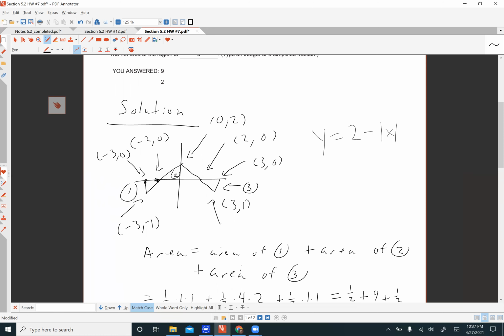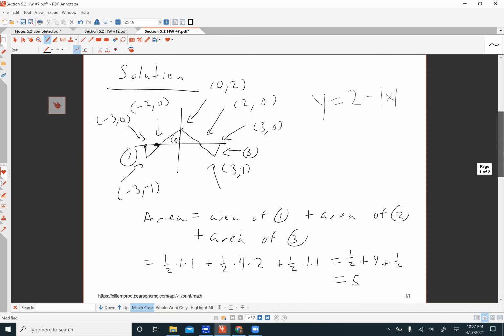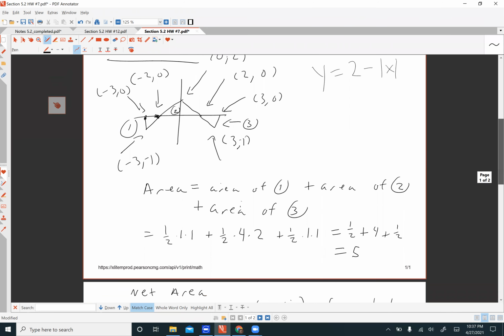The areas of triangles 1 and 3 are the same. The base and the height are 1, and you multiply by 1/2. So the area of triangle 1 is 1/2, the area of triangle 2 is 4, and the area of triangle 3 is 1/2.